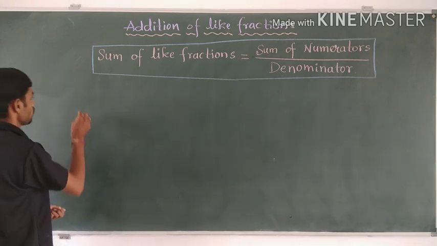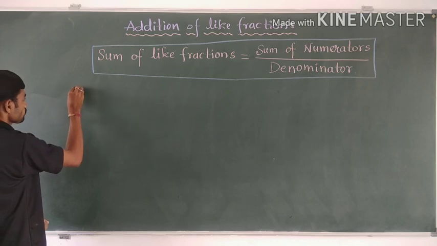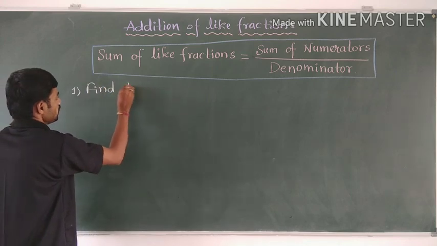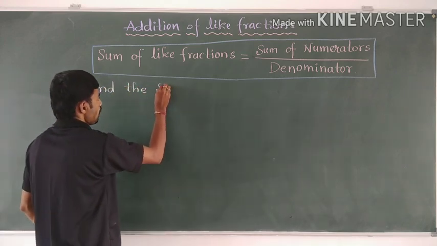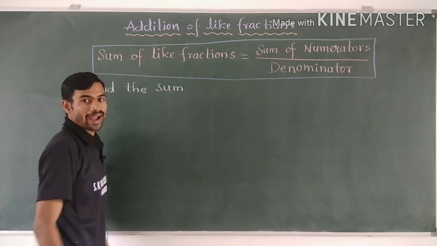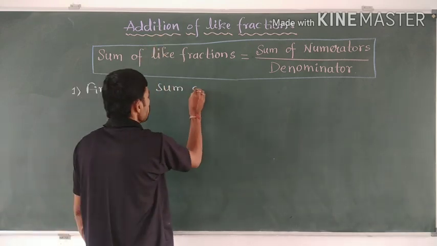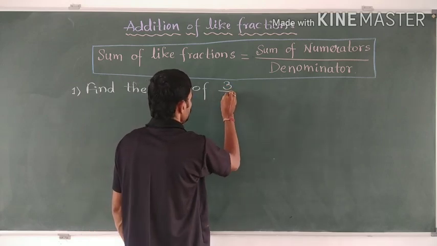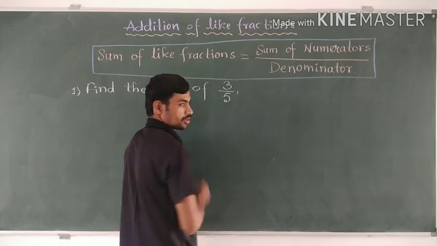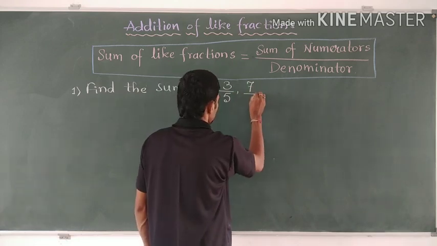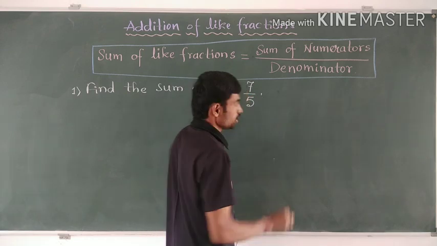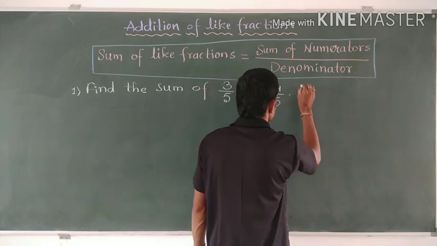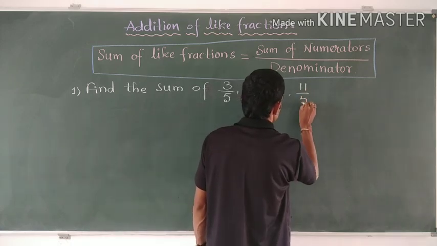The first question today: find the sum, which means we have to add, of 3 by 5, 7 by 5, 4 by 5, 11 by 5.